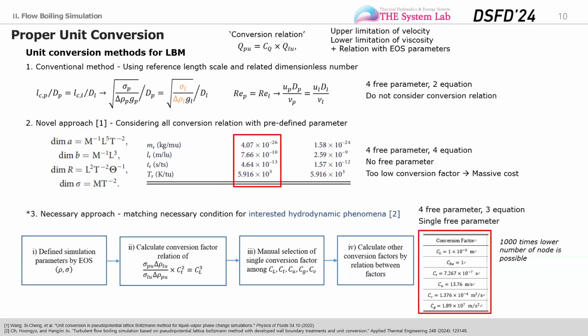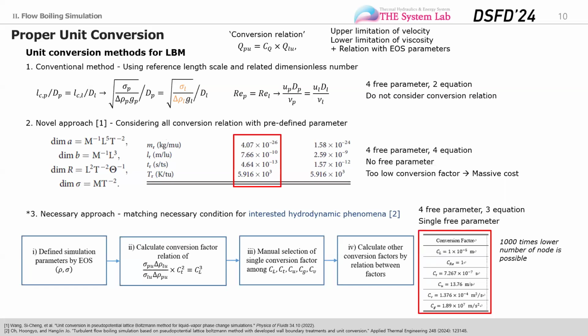And the next part is about the unit conversion of the lattice-Boltzmann method. Unit conversion in the lattice-Boltzmann method is the same as Buckingham's pi theorem. However, a delicate conversion process is needed because there are an upper limitation of velocity and a lower limitation of viscosity in the lattice-Boltzmann method, and we should consider the relation with the equation of state parameters.